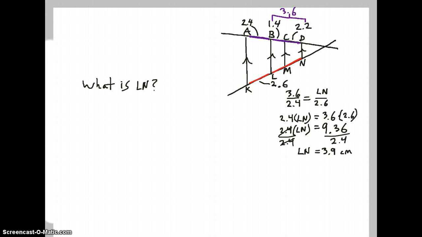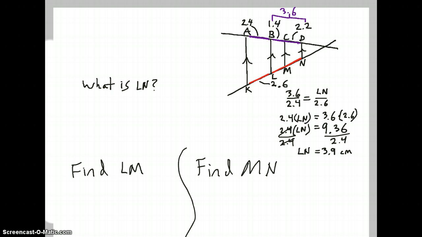Let's try to find out what is the distance of LM and MN. LM, and you try those on your own first. LM and MN.